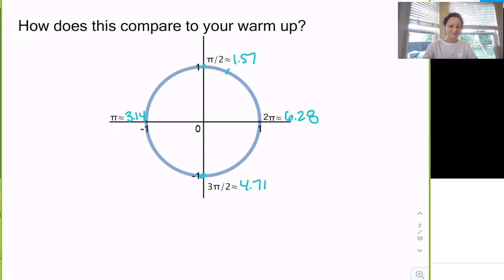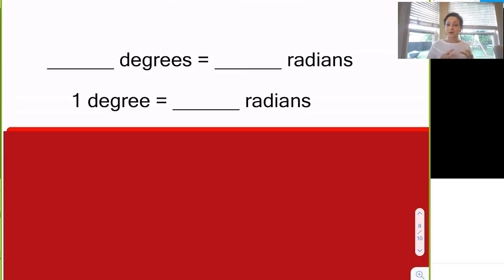All right. Okay, so now we need a way to go from one unit to the other, just like you know there are 12 inches in 1 foot. We need to see how many degrees are in a radian and vice versa, so we can convert from one unit to the next. So let's do half a rotation. In degrees, half a rotation is 180. Right?